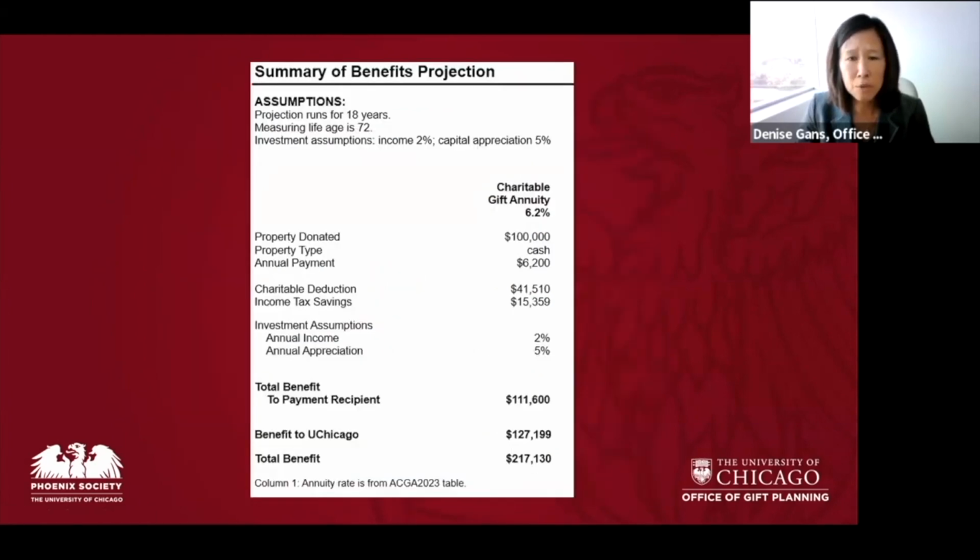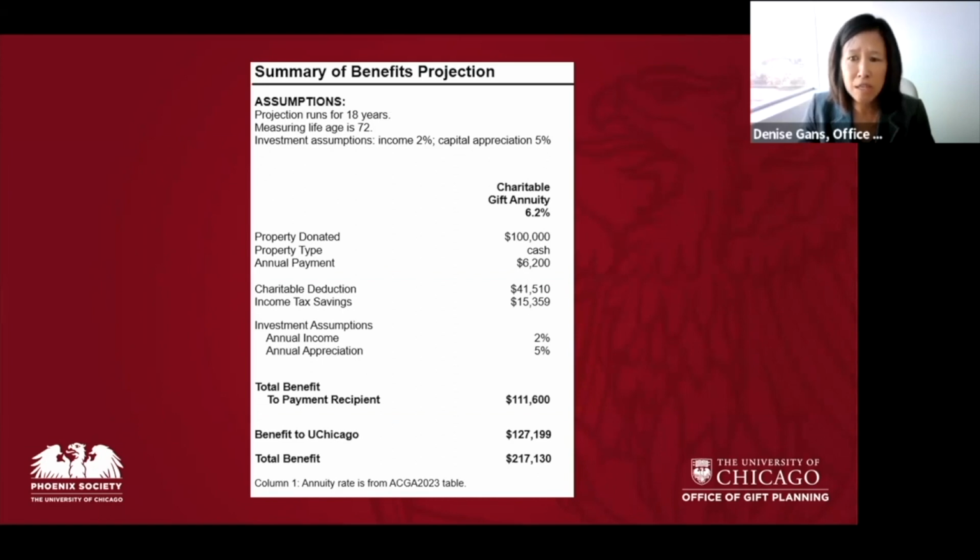So this slide shows you what the projected gift to the university is for that $100,000 gift annuity funded by a 72-year-old donor. It assumes certain investment returns, a rate of return of 7%, but assuming that, the total distribution to the university, that residuum, is going to be $127,000, and that's after total payments to the annuitant of over $110,000.